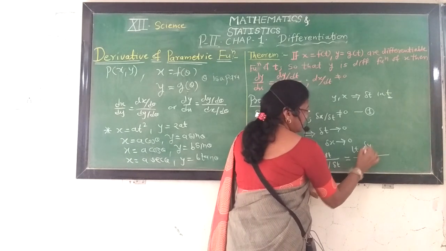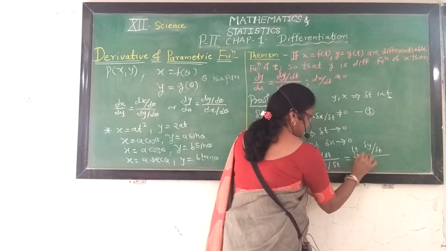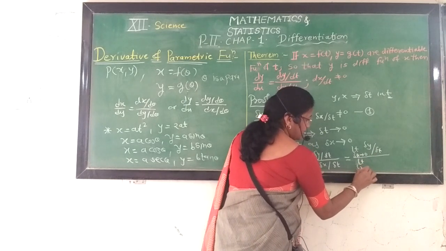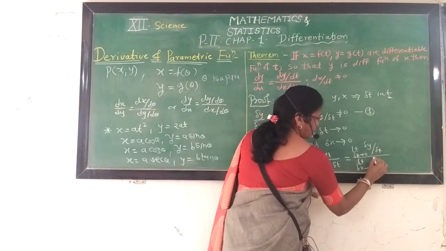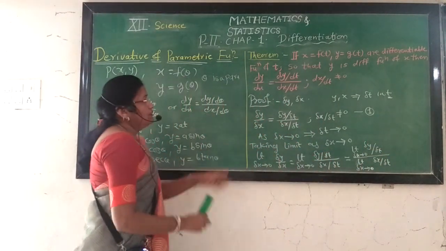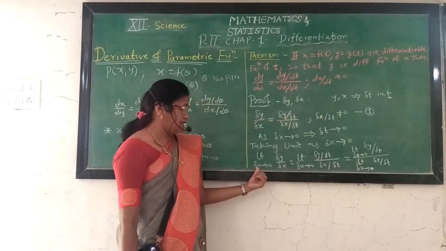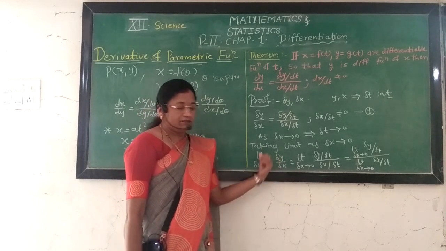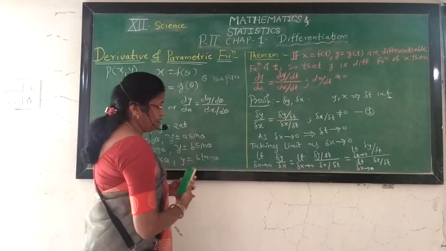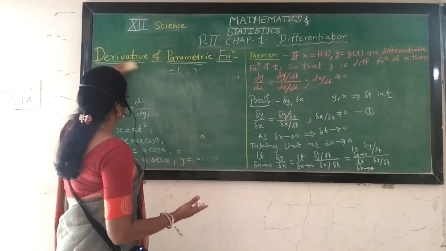So we separate out the limit of delta y by delta t as delta x tends to 0, and for the denominator, the limit of delta x by delta t as delta x tends to 0. As given, y is a differentiable function of x. So for this equation, after taking the limit, the left side, the limit as delta x tends to 0 of delta y by delta x, exists and is finite. So we can take its value.